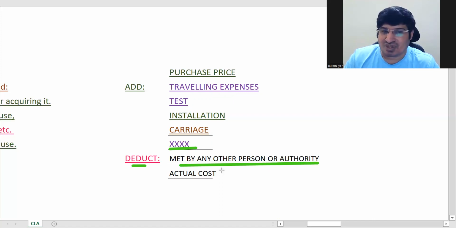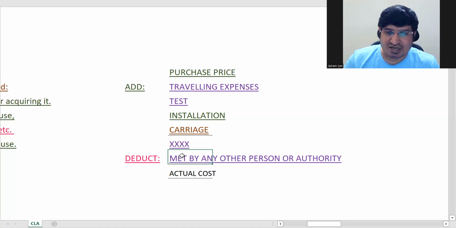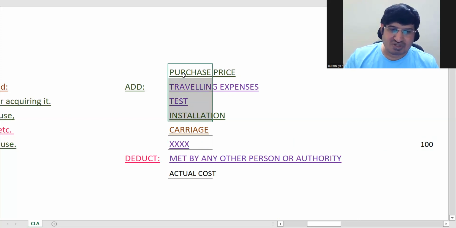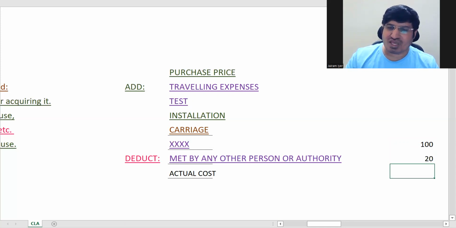The purpose behind deducting this is, say you have got this total cost, the purchase price with all this, as 100. Now the government has given you a subsidy of 20, correct?